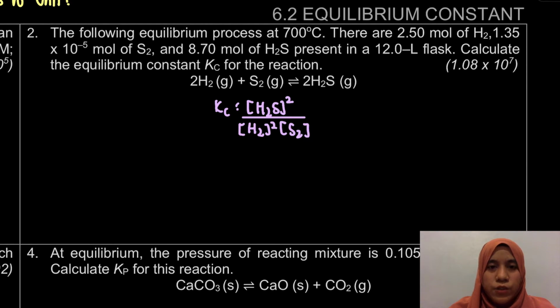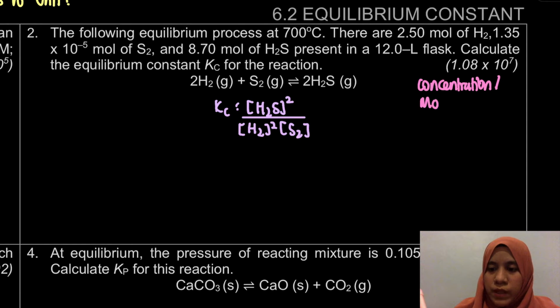So right now they ask you to calculate. But remember, C stands for concentration. Concentration or molarity is the same thing, where it is actually number of mole divided by volume, which must be in liter.